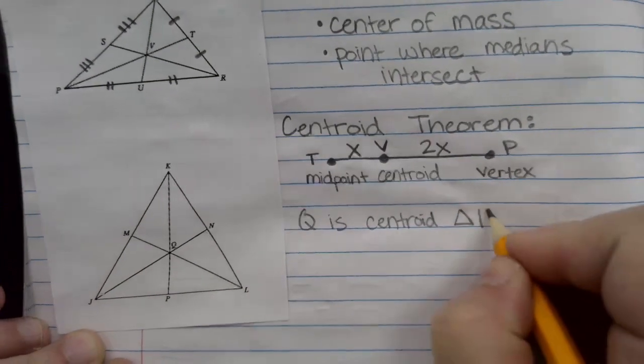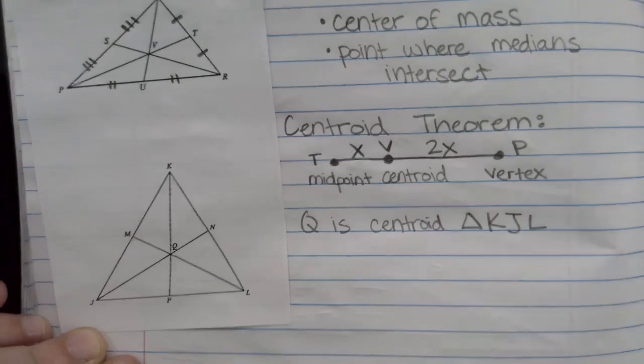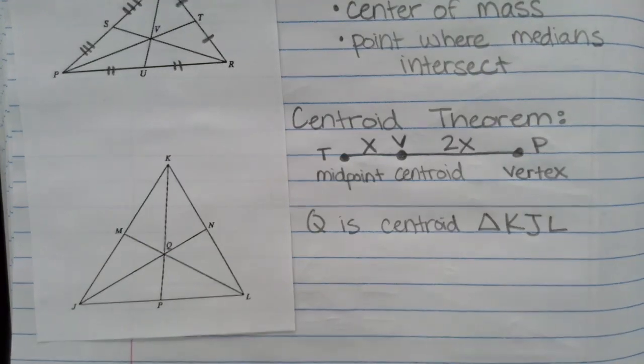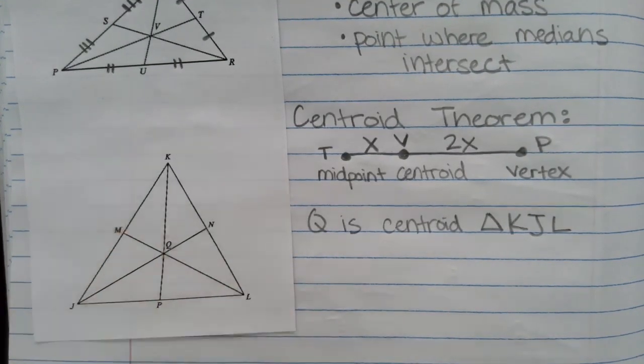KJL. We're going to do 3 problems, and what's a little goofy about them is they're not necessarily all connected. We're going to connect them back to this picture, but they're going to be one problem, then another problem, and then another problem. I don't know, it's a little goofy.